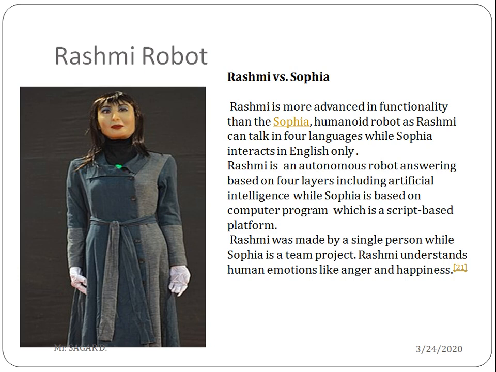Rashmi is an autonomous robo answering based on 4 layers including AI, while Sophia is based on a computer program, which is a script based platform. So when we use artificial intelligence in robotics, it becomes a recent advancement in robotics like humanoid robo. So this is all about the humanoid robo. Thank you.